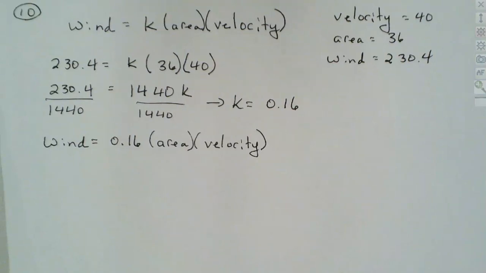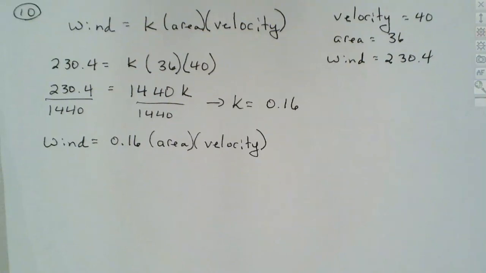Now we'll just plug in the values that they say we've got. The car now has a surface area of 38 square feet, and it experiences a drag force. Let's see, make sure we've got all the pieces here. Car's traveling at 40, 36. We did that. 230.4 is the wind resistance. Now we want to find the speed in this case, right? Because we don't know the speed.